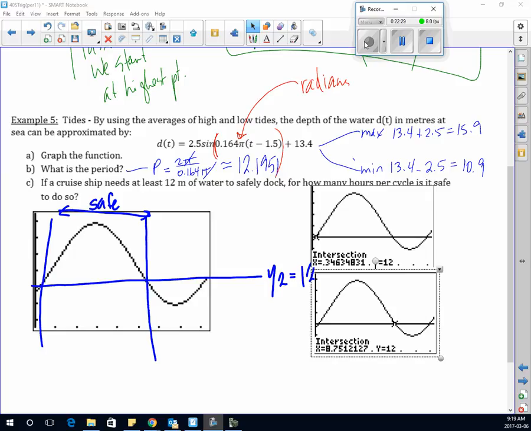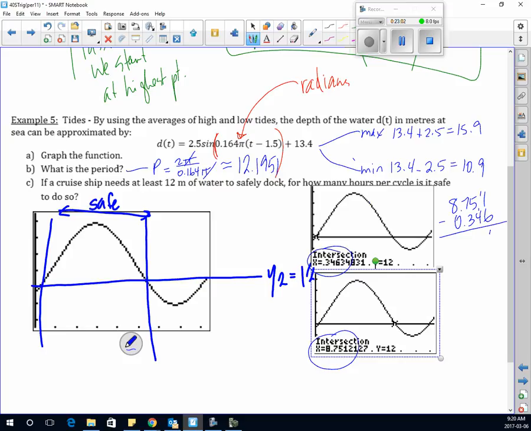Okay, so after I've done the intersection of those two spots there, what did I say I have to do to find how long it is for it to be safe? I have x is 0.346 and x is 8.751. What do I do? You subtract. So 8.751 subtract 0.346. You can use your calculator if you want.